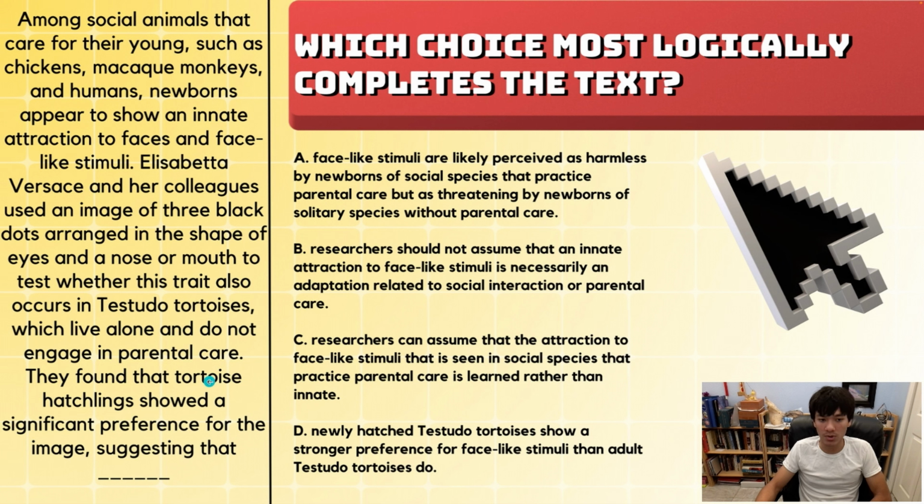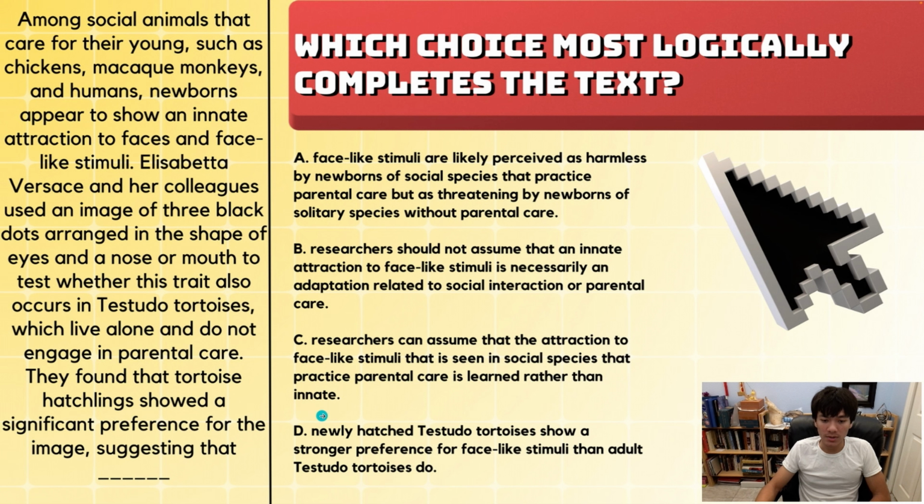If it was solitary, it wouldn't be around these parental figures to learn attraction to this face-like stimuli. So we know that C is incorrect because the tortoise's attraction to face-like stimuli must have been innate because it didn't have an upbringing like a social animal would.